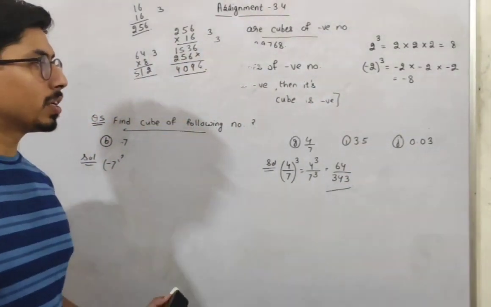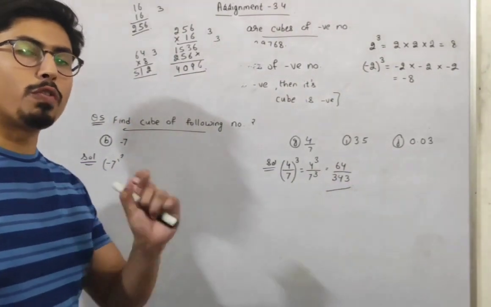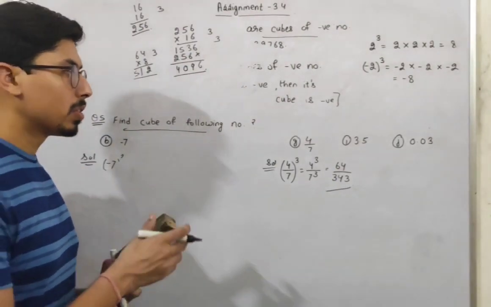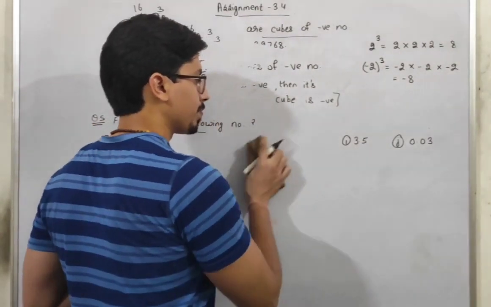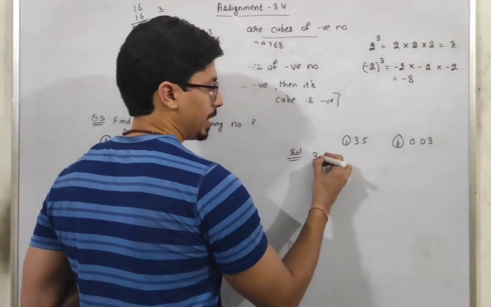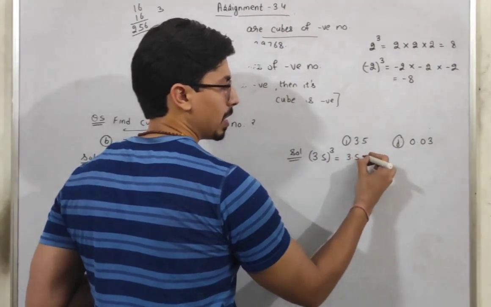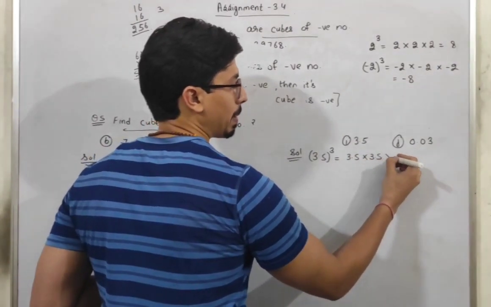Now moving forward to our next part, that is the I part, that is 3.5. So we have to find out the cube of 3.5. 3.5 cube, students, will be 3.5 multiplied by 3.5 multiplied by 3.5.